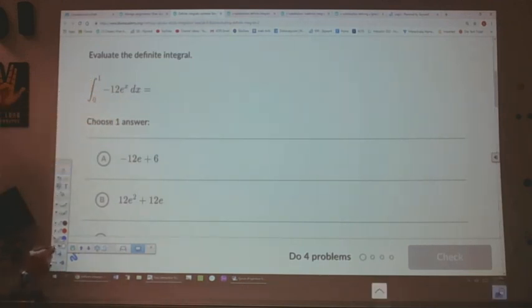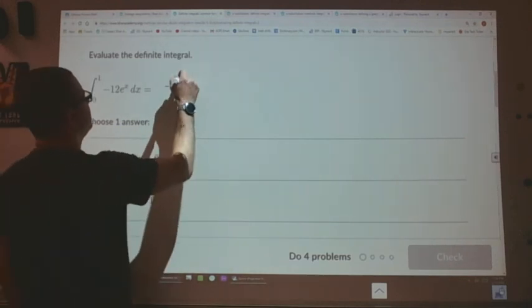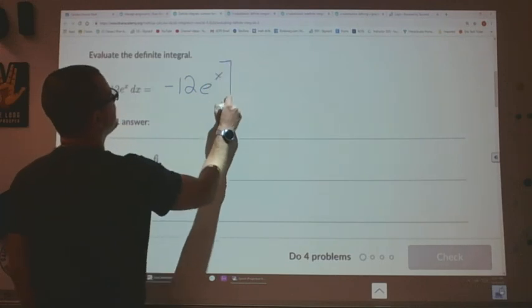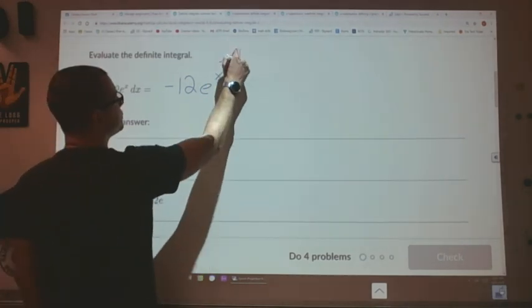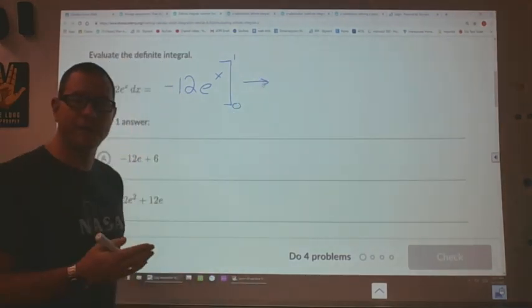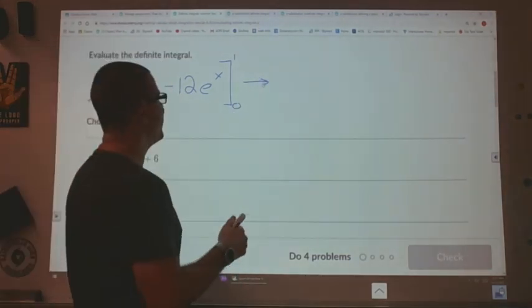Well, the integral of that is negative 12 e to the x, evaluated from 0 to 1. So we would then do f at b minus f at a.